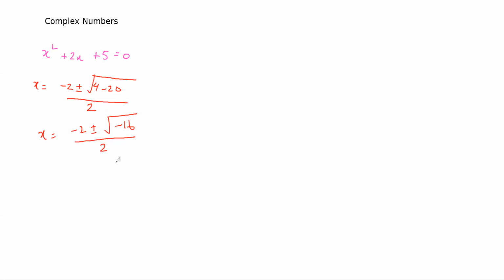Okay. Now, before I go further into writing these complex roots here, let's revise this quickly: writing a surd into its simplest form. How many of you remember that if you have under root 8, what can you write it as? This can be written as 2 under root 2.